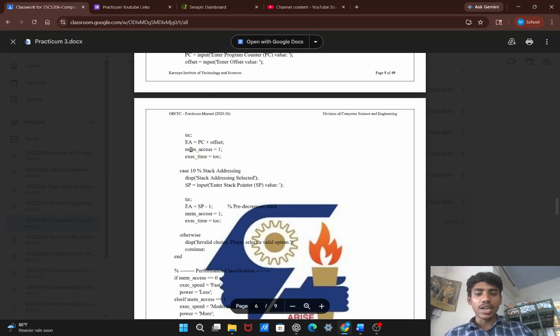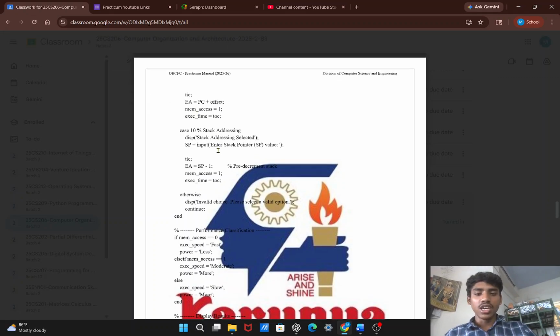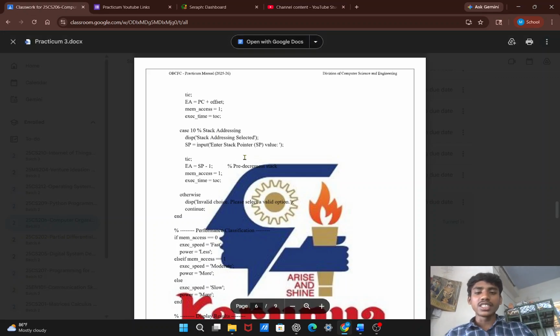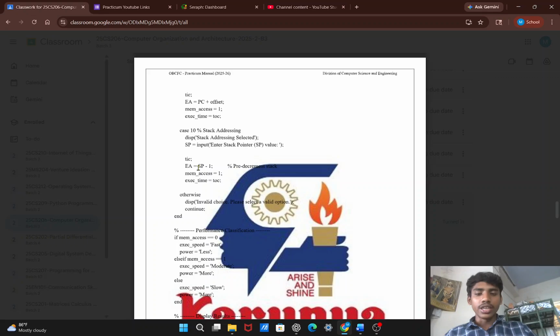Effective address is calculated by PC plus offset. Then stack addressing. This is the last addressing mode that we are going to encounter here. Enter the stack pointer value, then stack pointer value minus 1, pre-decrement stack, and the memory access is equal to 1, and execution time is equal to tock.